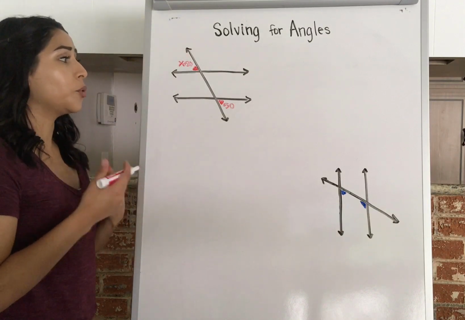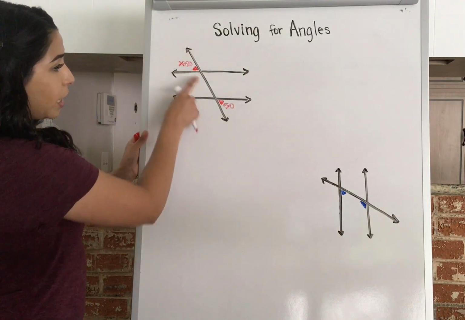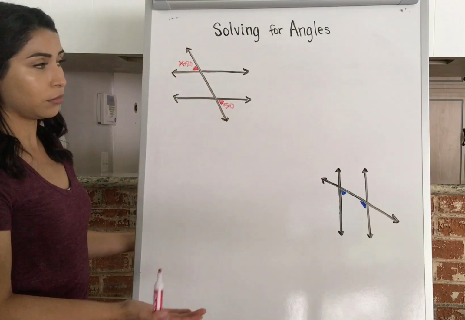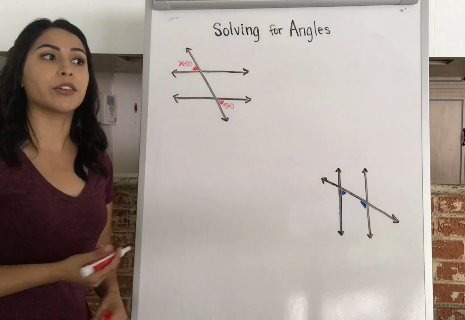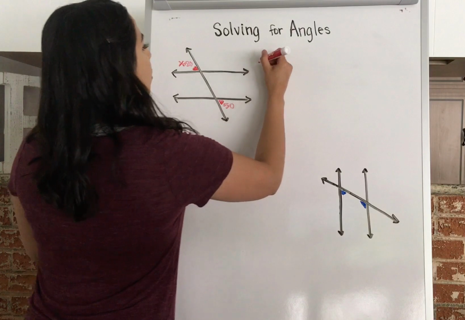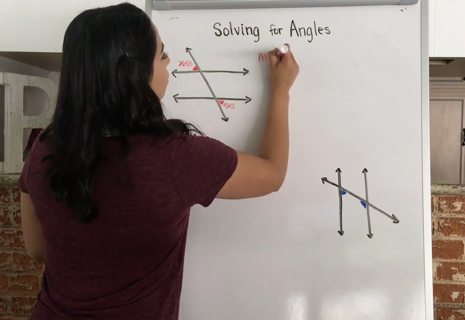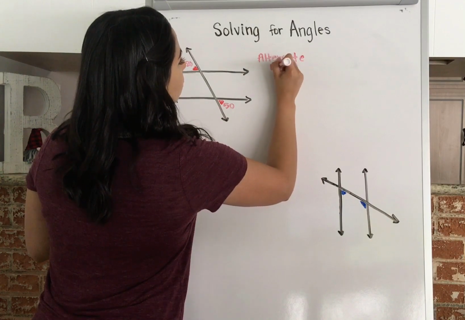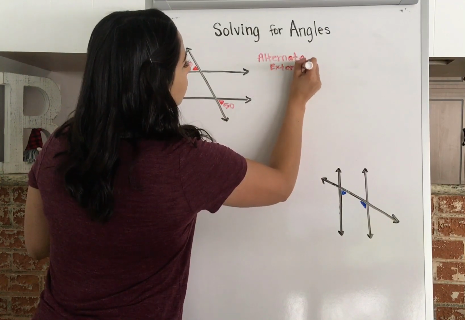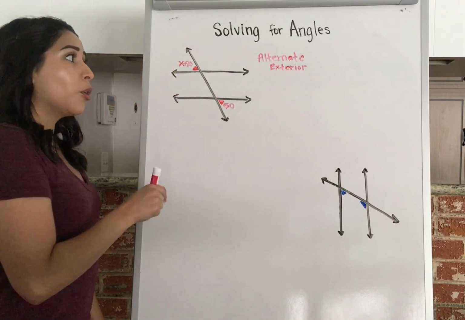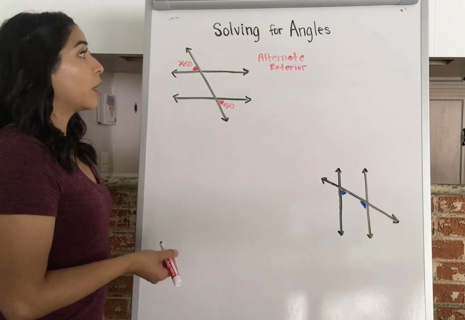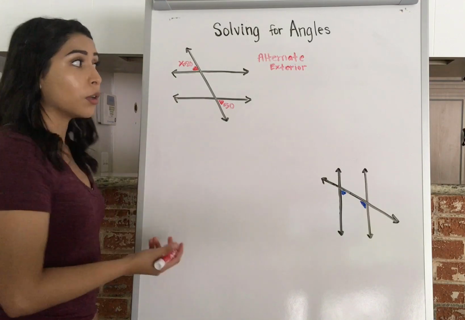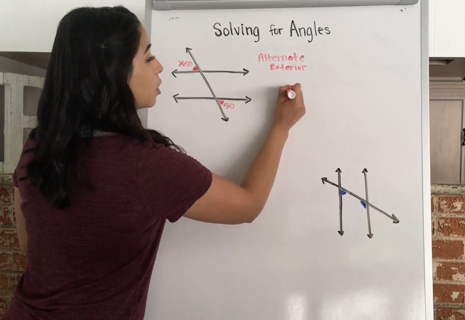First, you have to know that these angles are called alternate exterior angles. And if you know what alternate exterior angles are, then you also know that they're equal to each other.